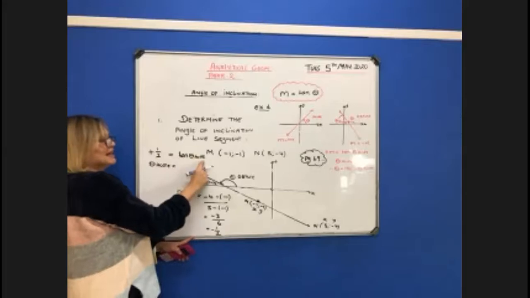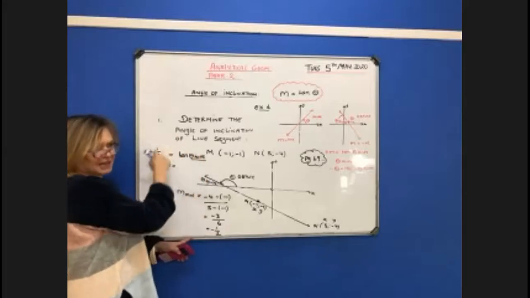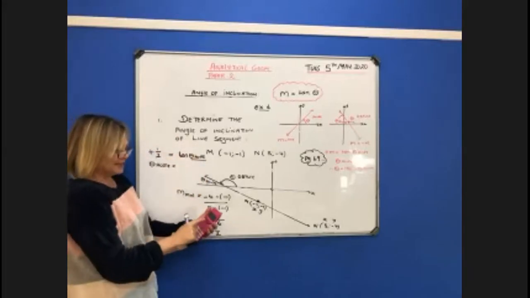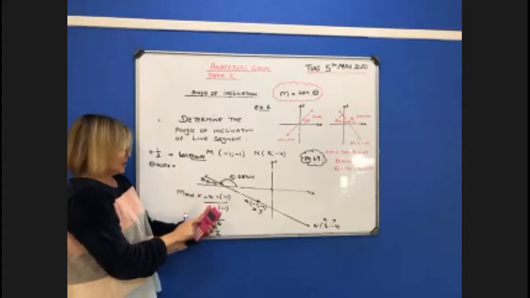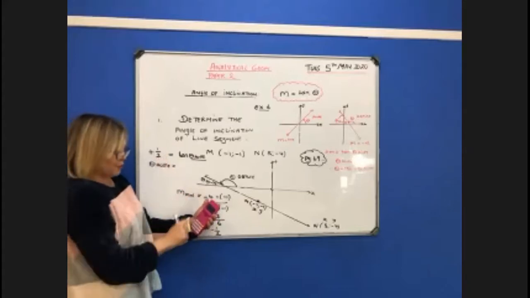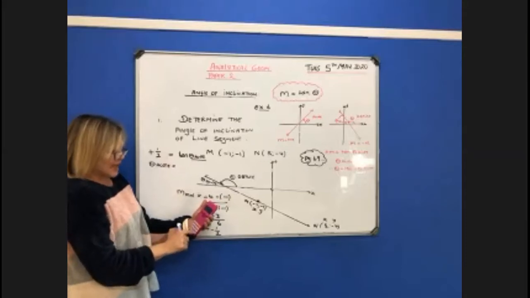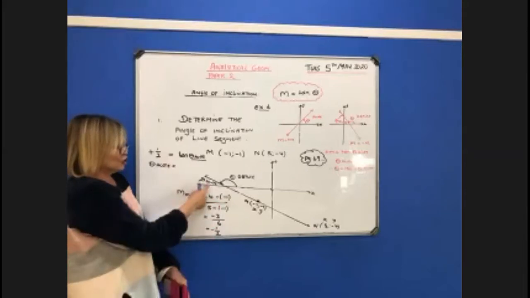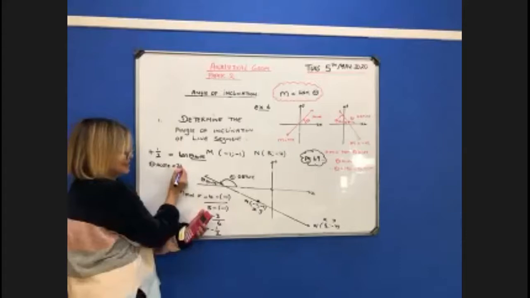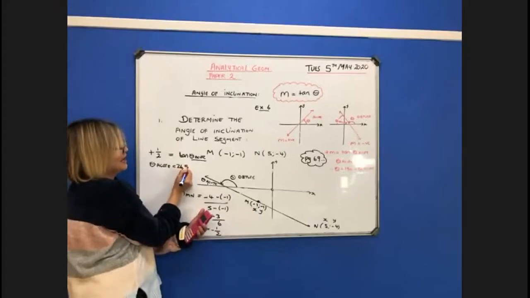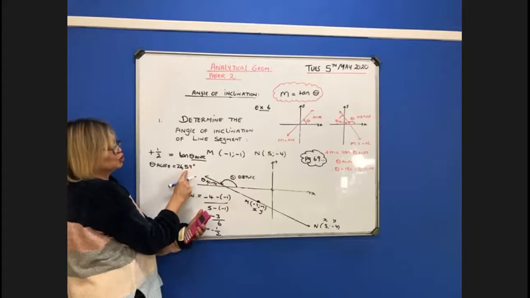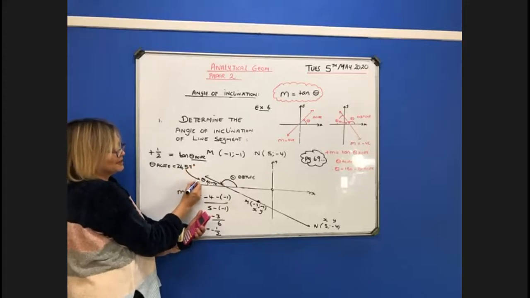Remember, to get an angle, you need to go shift tan. So on your Casio, you're going to go shift tan, put the positive gradient, and get this to be 26,57. I've rounded it to 2 decimal places.